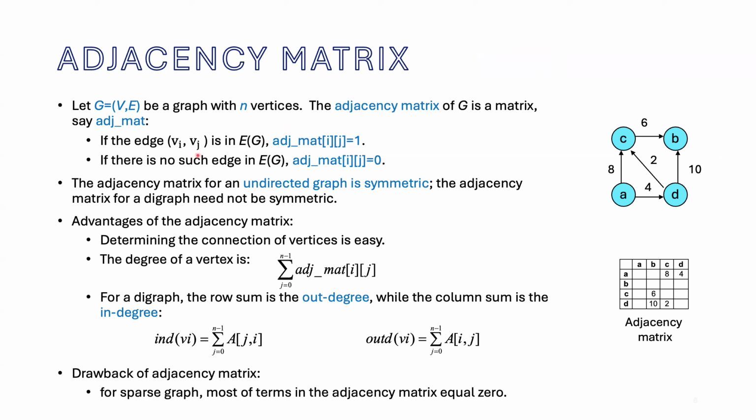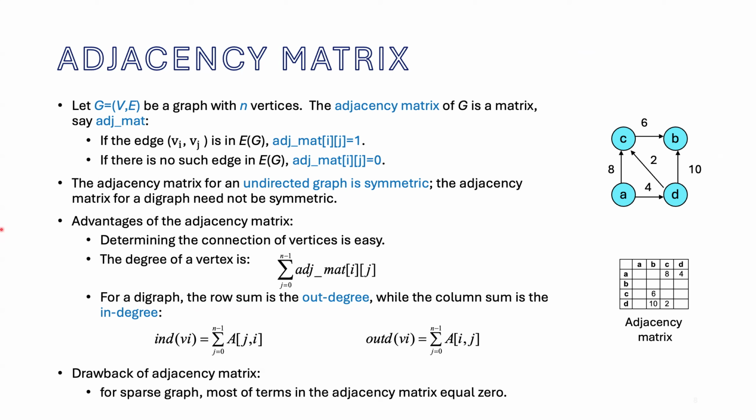And if there is no such edge in Eg, then the value there is 0. The adjacency matrix for an undirected graph is symmetric. The adjacency matrix for a digraph or for a directed graph doesn't need to be symmetric.